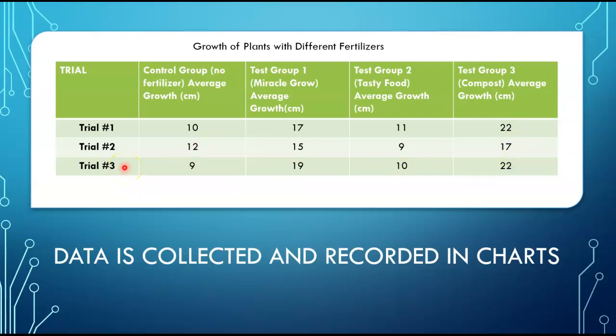So this scientist did the experiment 3 times because trial means attempt. So they tried it the first time, then they tried it again, and then they tried it again. And scientists always want to repeat their experiments so that they can make sure that their data is reliable or valid. And it looks pretty reliable here because the numbers look quite similar to one another over each of the 3 trials.